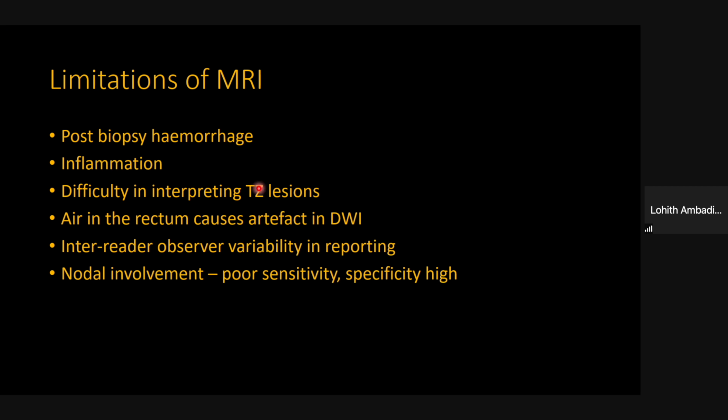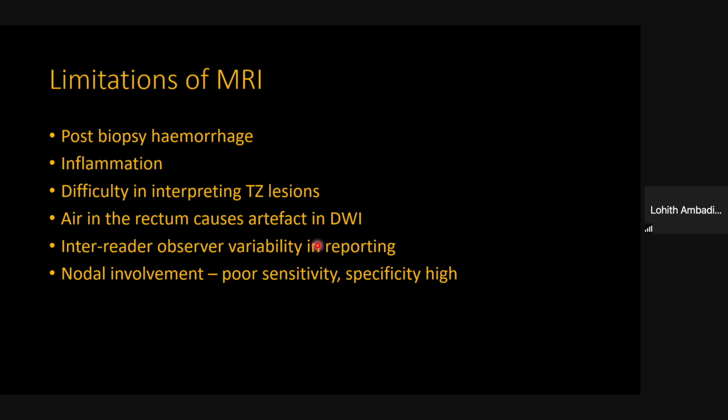And again, transition zone, owing to its heterogeneity, might be difficult, especially for a general radiologist. And small cancers in the transition zone are difficult to interpret, even for the specialists. Now, air in the rectum can cause artifacts, especially in diffusion weighted imaging. So some centers prefer performing a limited enema.